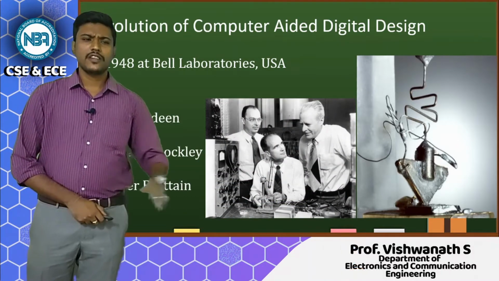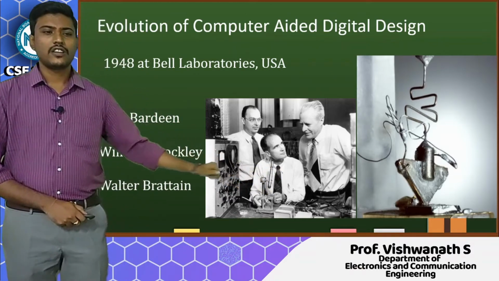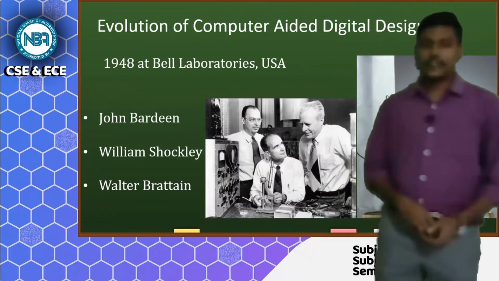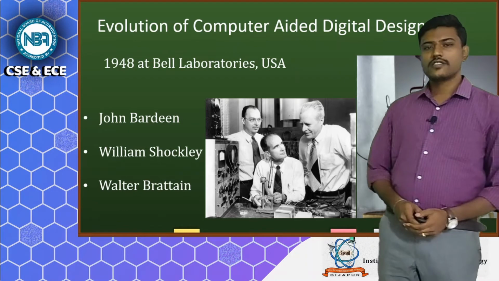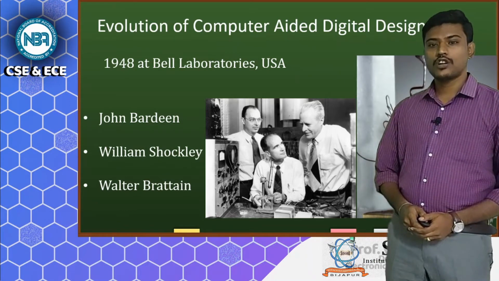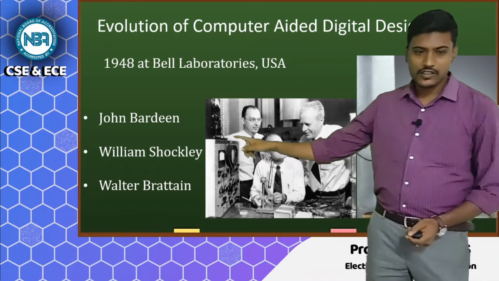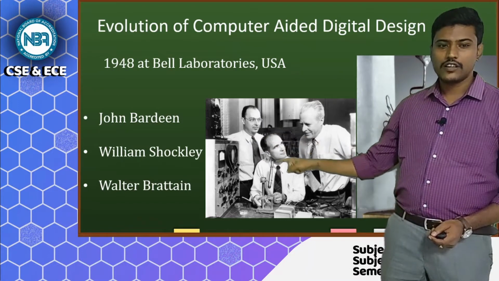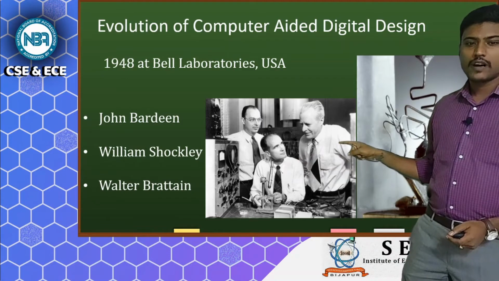These are the three people who invented the transistor: John Bardeen, William Shockley, and Walter Brattain. This one is John Bardeen, this one is William Shockley, and this is Walter Brattain.